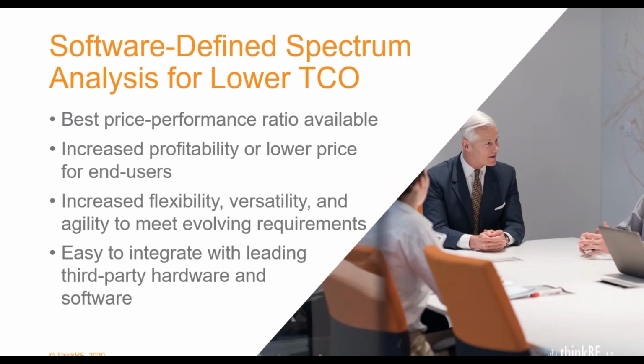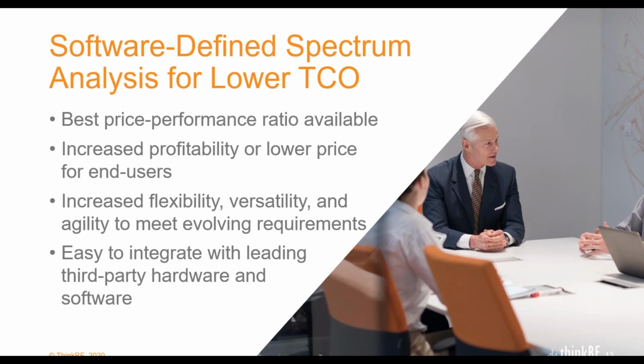Again, one of the factors that goes into reducing the cost of ownership is the price performance ratio that's available. You have pretty good RF performance for the particular price you're getting, so that ratio is pretty advantageous. You have a lower price for the end user. It allows for flexibility and versatility and the ability to meet feature requirements coming through, such as 5G.